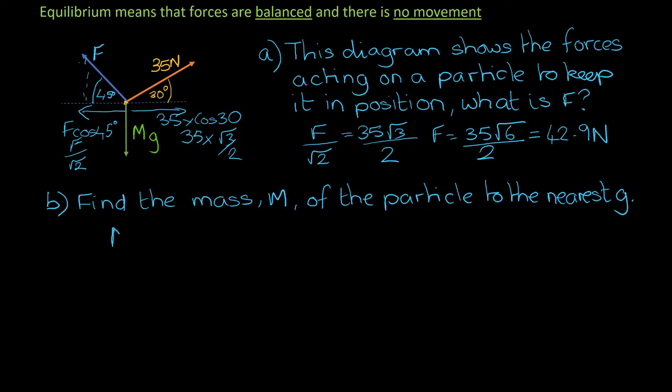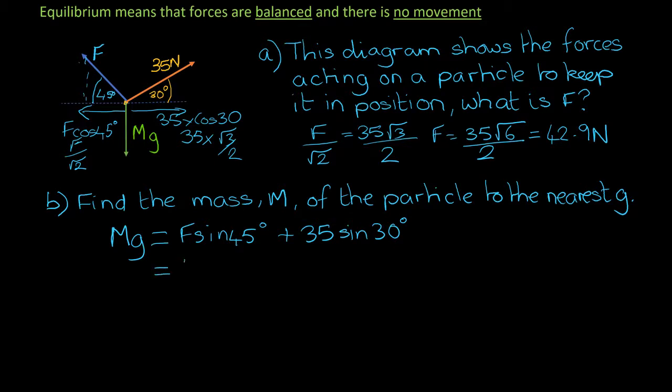So mg will equal F sine 45 degrees this time, plus 35 times sine 30 degrees.